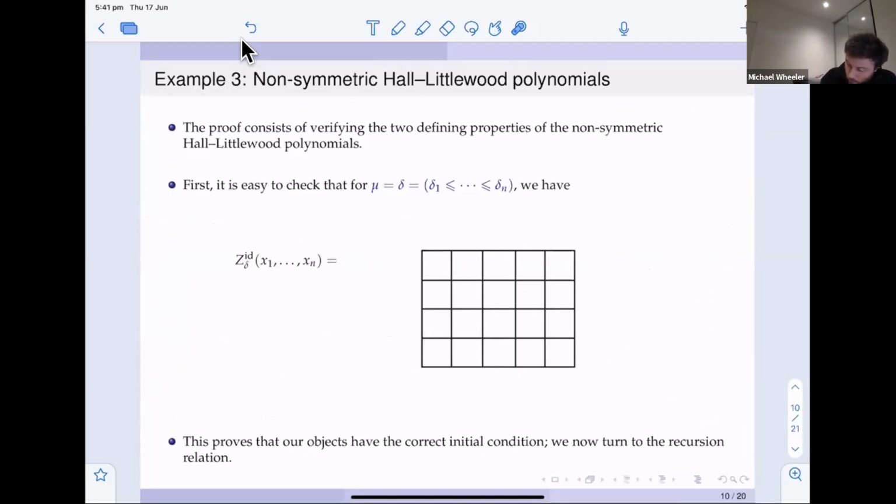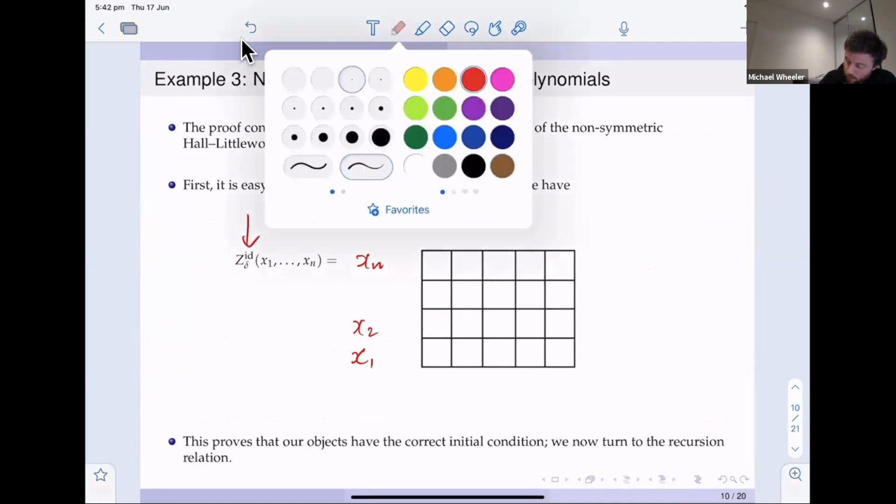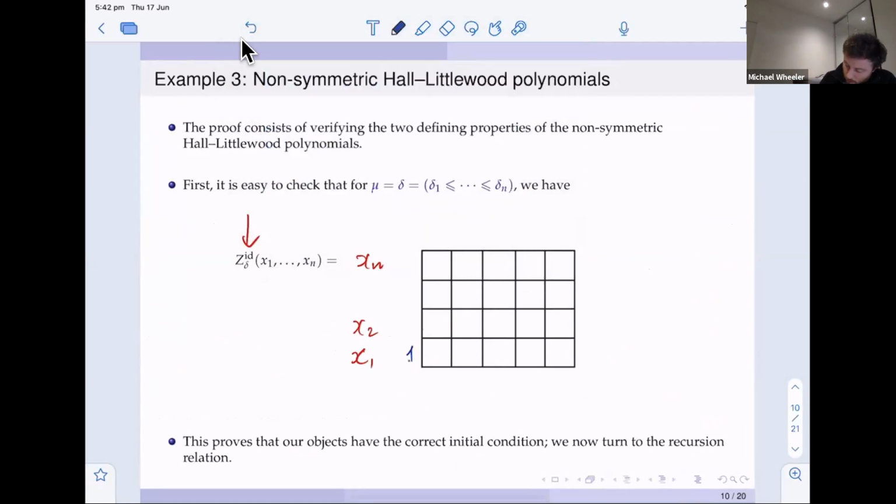I need to put some labels on this thing. Again, this is x1, up to xn, those are the variables. And I now have to put the identity, because the statement holds where this permutation is the identity. So I'll have to put color 1 here, color 2, up to, maybe let's actually color them in.